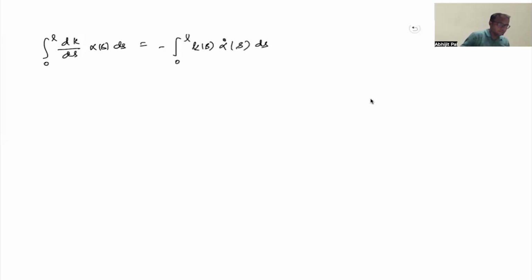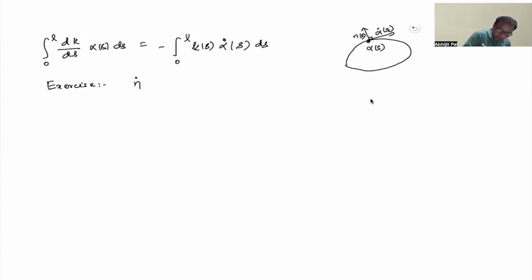Next, what you can show is the following, as an exercise. If this is my curve alpha, we have this tangent vector, which is alpha dot(s), and we have this unit normal vector n(s).